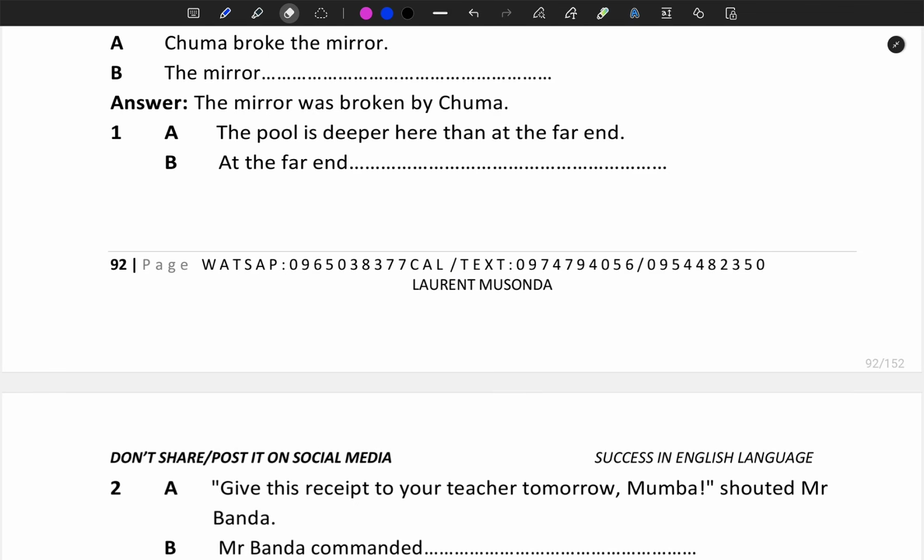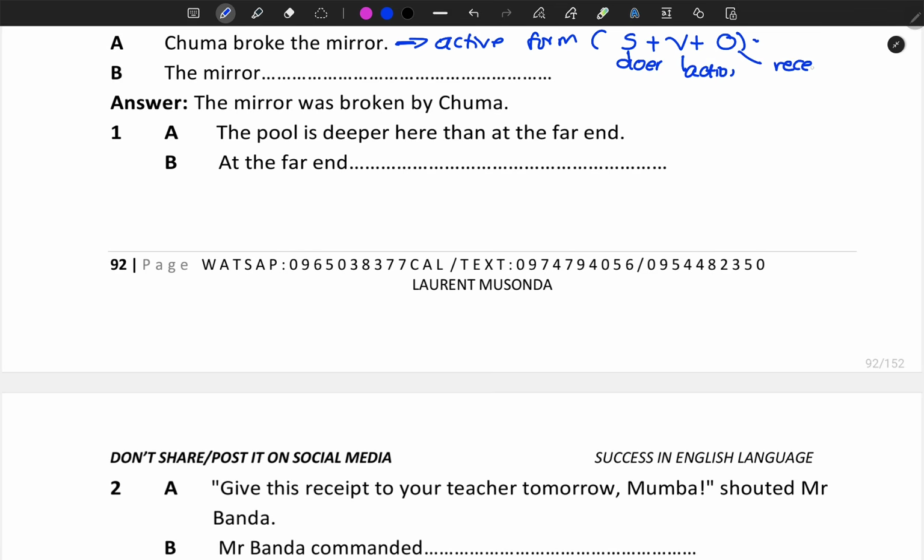We have the example, Chuma broke the mirror. So the first sentence for this example is in active form. It means it is following the subject plus verb plus object. The subject is the doer of the action. Verb is the action involved.